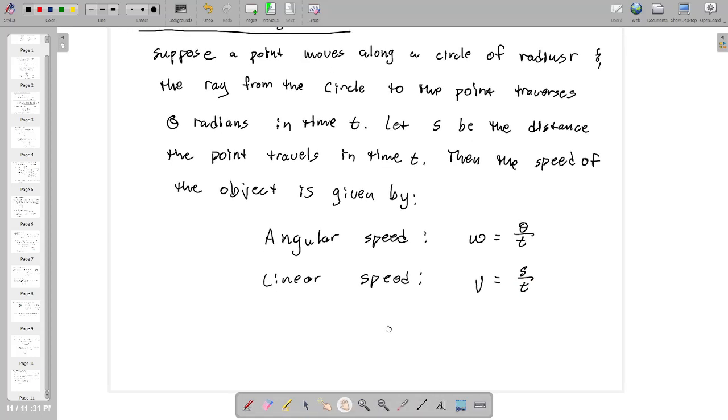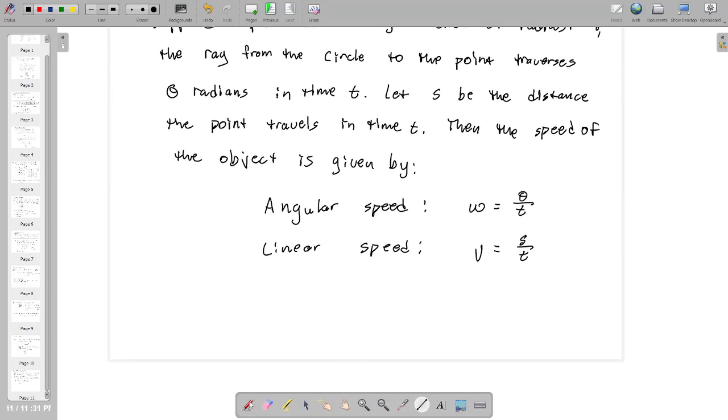So let me show you what we're talking about here. We have a circle, and we have a point on the edge of this circle, and it's running around the circle, like that. So we draw a ray from the center of the circle to the start point and to the end point.